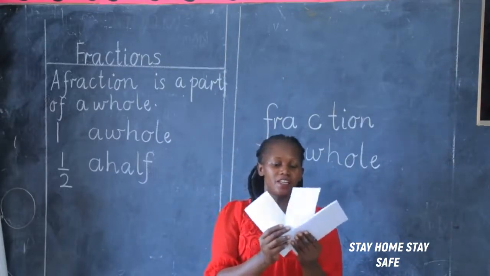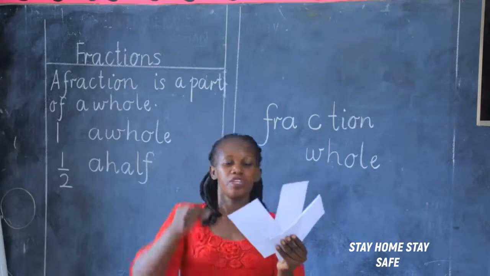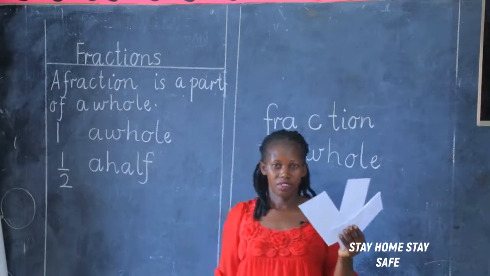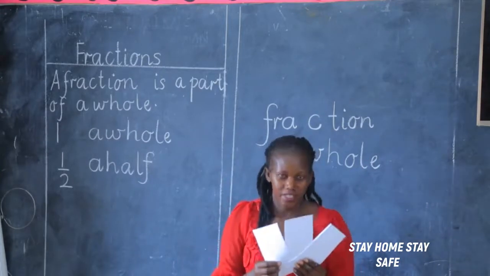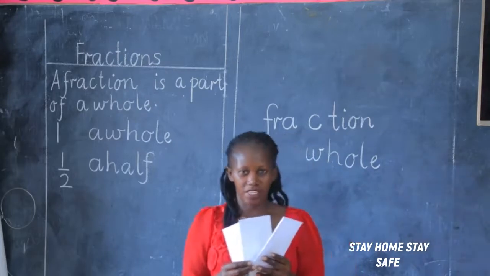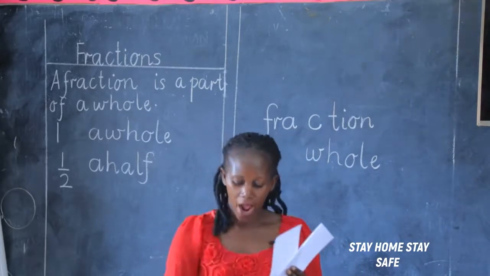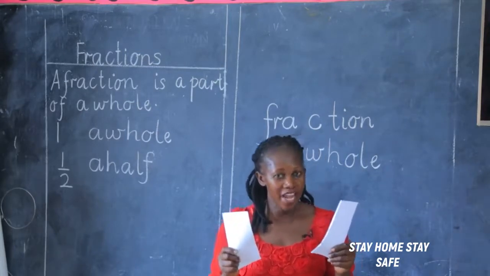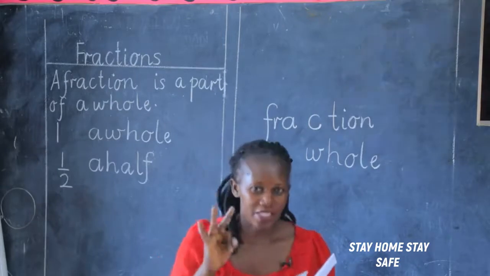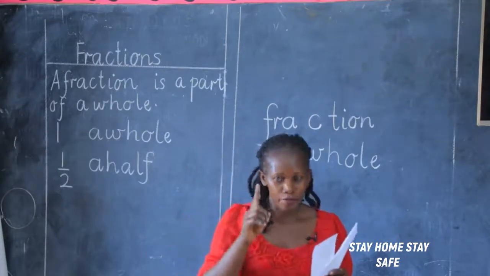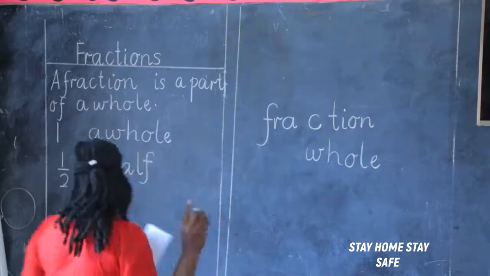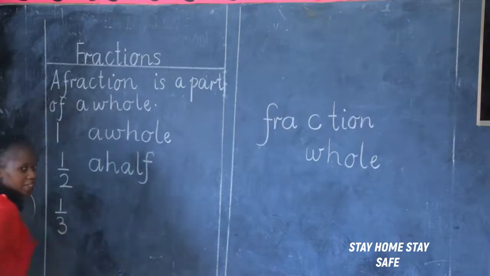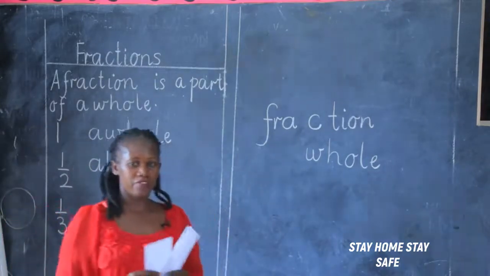Now I've made different parts. I have 3. 1, 2, 3. I have made 3 parts. Now, out of these 3 parts, if I throw down 1, how many parts did I have? I had 3 parts. And how many have I thrown? 1 part. So I have thrown 1 part out of the 3 parts.